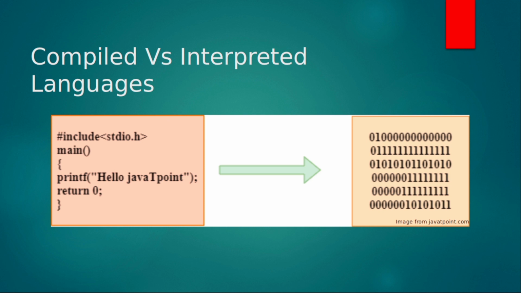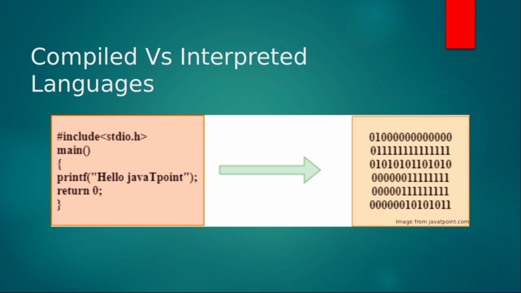So we need to understand this concept, compiled versus interpreted. Anytime you need to convert a program to machine code or into an executable before you can get the output of the program, that program is a compiled program.